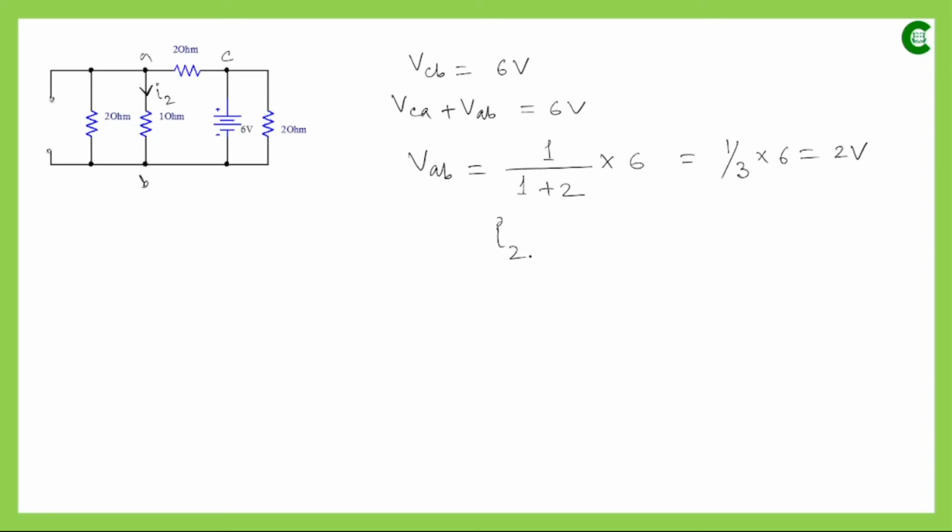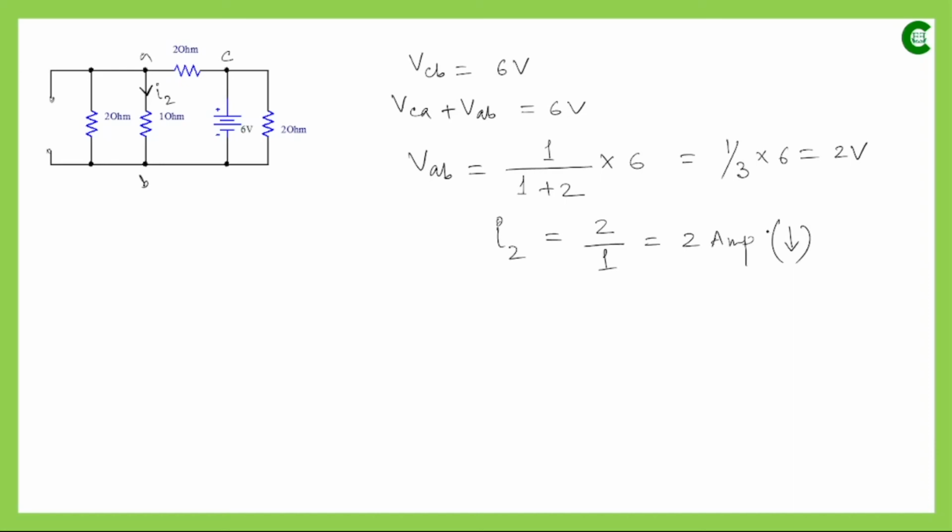So the current value I2 will simply obey Ohm's law, V divided by R. So it will be 2 divided by 1, that means 2 ampere. Since this is the positive terminal of this voltage source, current will flow in this direction through this path. So here the direction of I2 will again be downward.